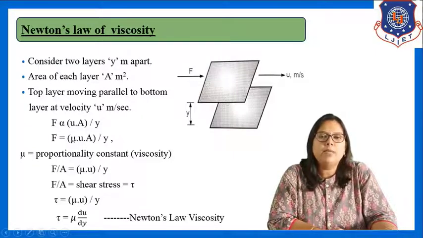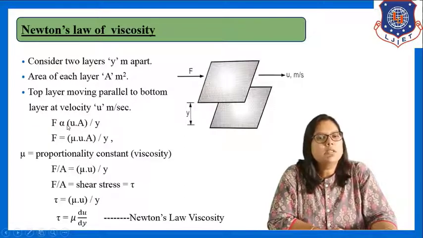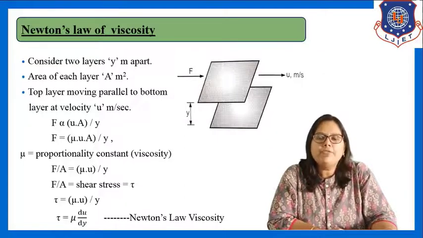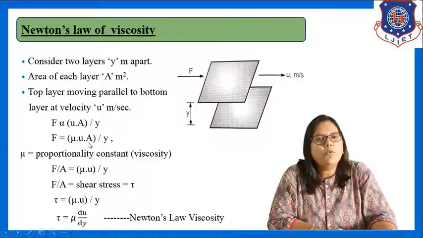As I am removing the proportionality sign, I have to introduce the proportionality constant, which is mu. So F equals mu uA upon y, and this mu is the proportionality constant, which is known as viscosity.